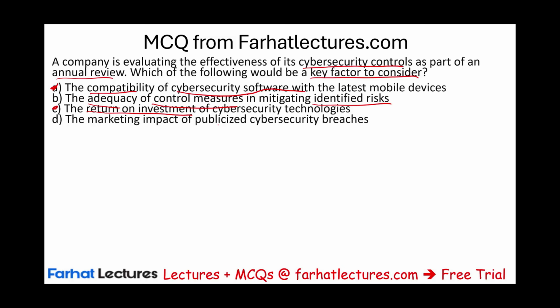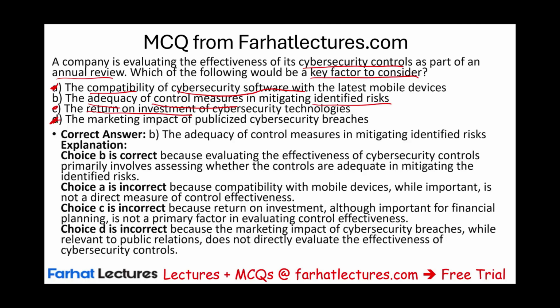D, the marketing impact of publicized cybersecurity breaches, we might look at that, but that will not be a key factor to consider when we're looking at cybersecurity controls. Definitely all of them we consider, but the most important one will be B, the adequacy of control measures in mitigating identified risks. Why?